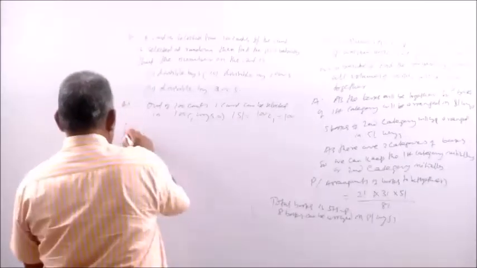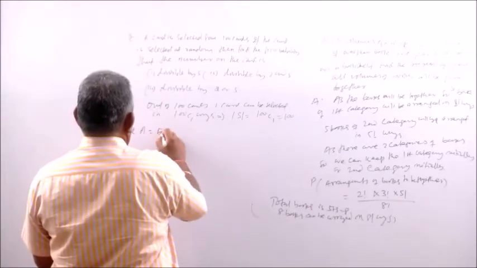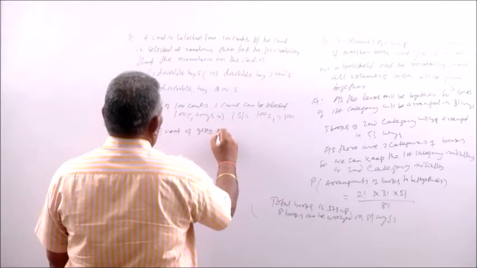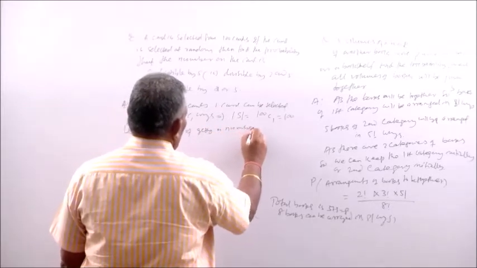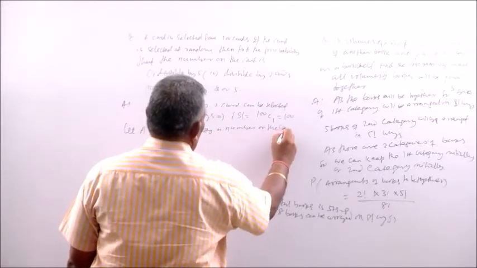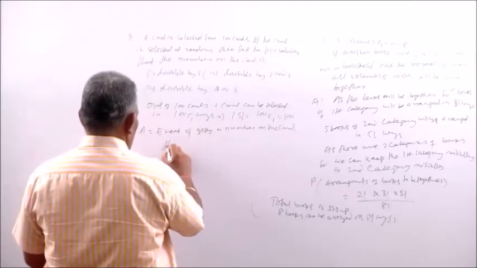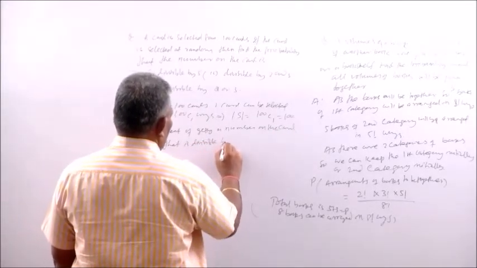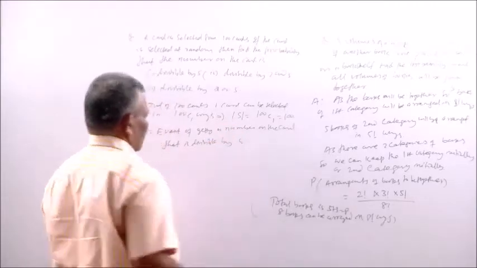Let A be the event of getting a number on the card that is divisible by 5.